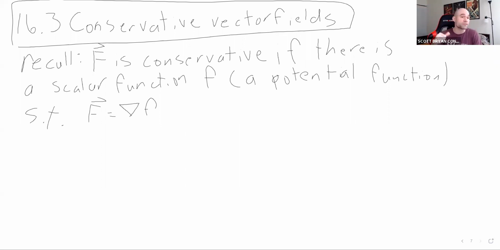So a vector field is conservative if there's some scalar function where when you take the gradient, you get this vector field. Think of taking the gradient as taking a derivative of this function in a way. So we think of the potential function, little f, as an antiderivative.